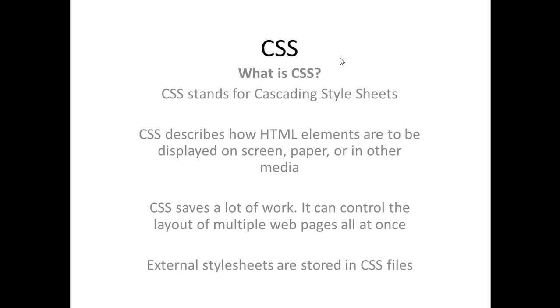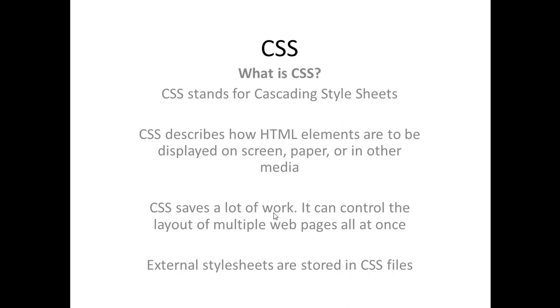So what is CSS? CSS stands for cascading style sheet. CSS describes how HTML elements are to be displayed on screen, paper, or in other media, whether a laptop or whatever browser. CSS saves a lot of work. It can control the layout of multiple web pages all at once.